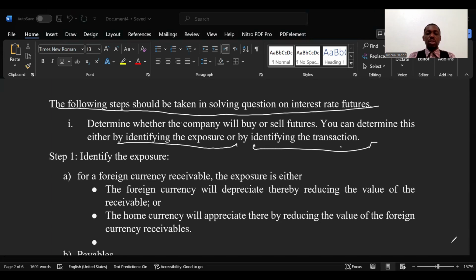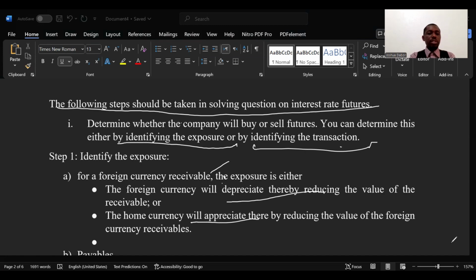Okay, so the exposure, we said the foreign currency will depreciate, for a foreign currency receivable. For a receivable, what is the exposure? You are afraid that the foreign currency will depreciate or reduce in value. In other words, the home currency will be appreciating if the foreign currency is depreciating. So what is the decision?